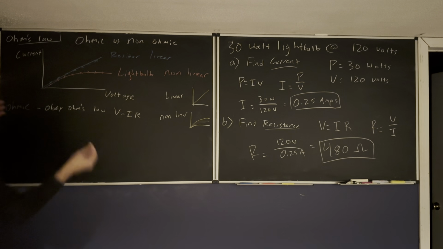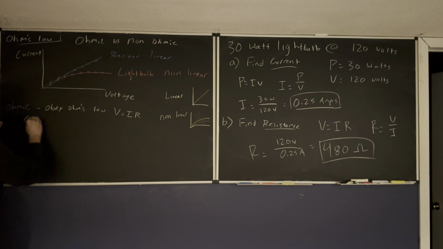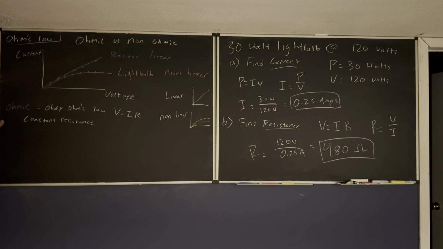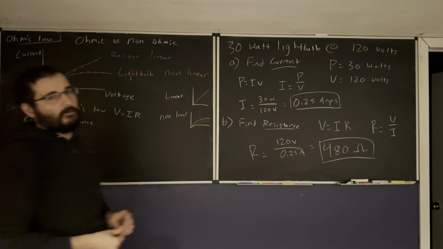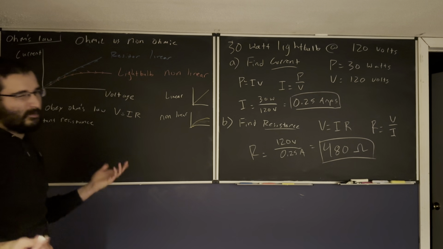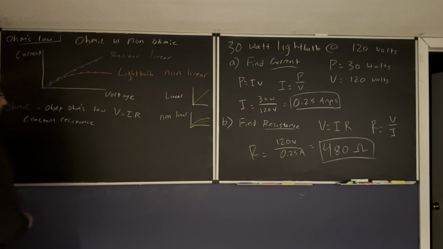Another way to think about it is you have a constant resistance. For a resistor, whenever you take the voltage divided by the current, you're always going to get the same value. We saw that when we did the experiments and took all the data points, that the resistance pretty much stayed the same. For the light bulb, that wasn't the case.